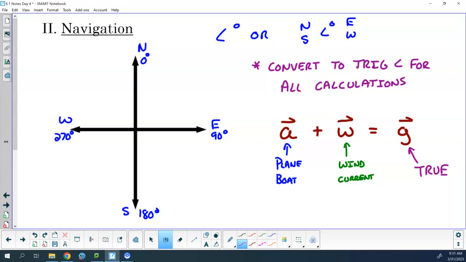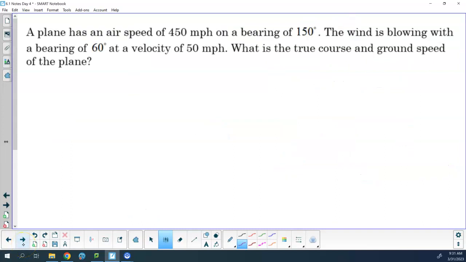Okay? So let's do an example. Here we go. This is the one right below that. You don't have to search for it. I know exactly where it is because I didn't search the last time. So a plane has an airspeed of 450 miles per hour on a bearing of 150 degrees.